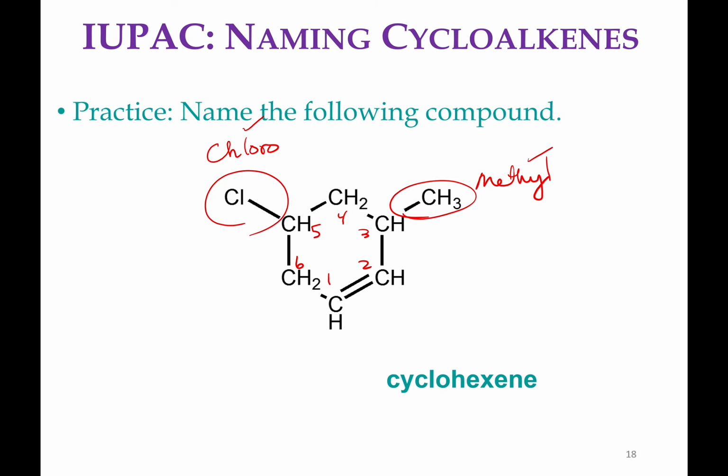And then we have our 3-methyl and our 5-chloro. Methyl comes closer to cyclohexene, but chloro comes first alphabetically. 5-chloro, 3-methyl cyclohexene. No spaces. It's like speaking German. They just put everything together.